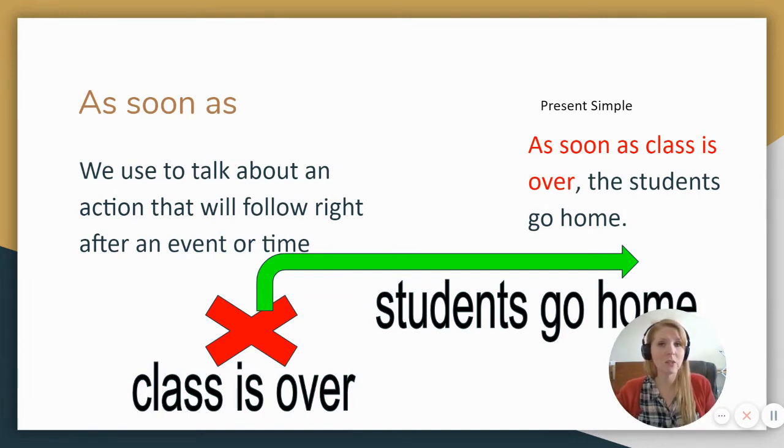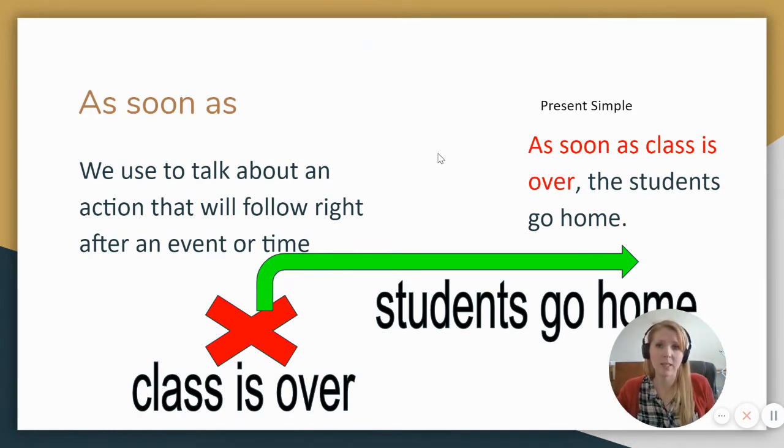As soon as class is over, so when class is over, what do the students do after that? Okay, as soon as class is over, the students go home. Okay, the students don't go home before class is over. The students don't go home and then come back to class in the same day. So what happens is the action or the event is class being over, and then students go home after that.